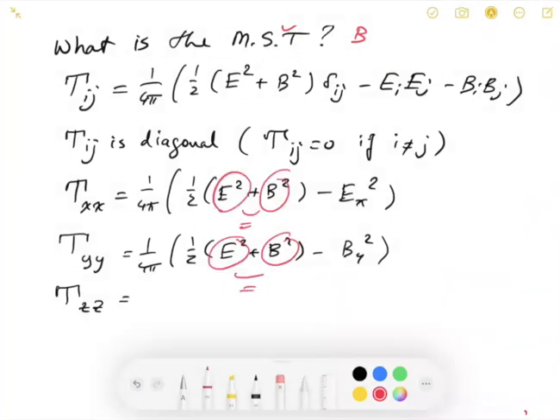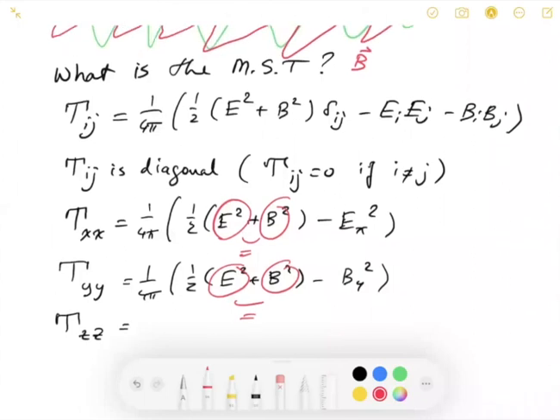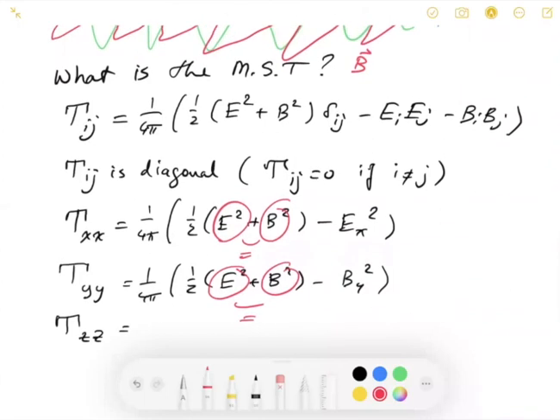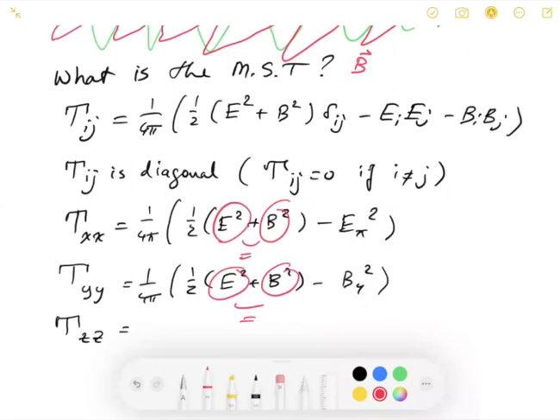So the tricky part in this is just reading this expression for the Maxwell stress tensor, because it just looks weird, and that's why we're doing this. If we have a plane wave, that means the electric field is pointing in one direction only, and the magnetic field therefore is also pointing in one direction only.